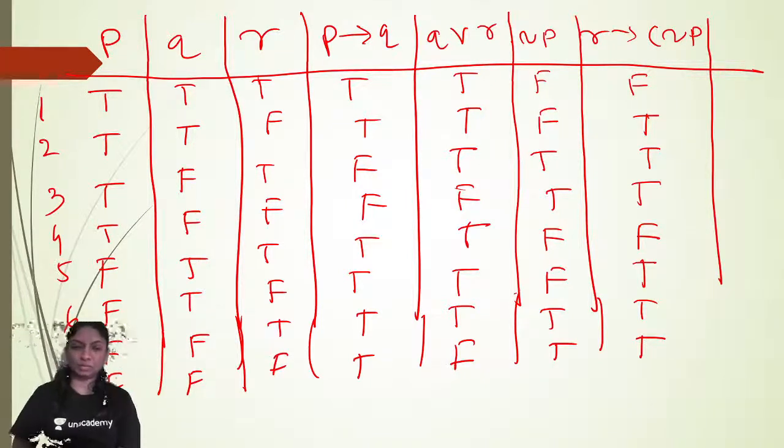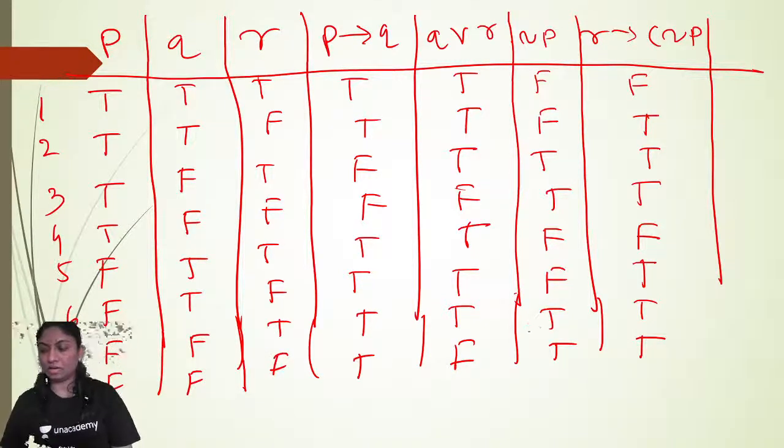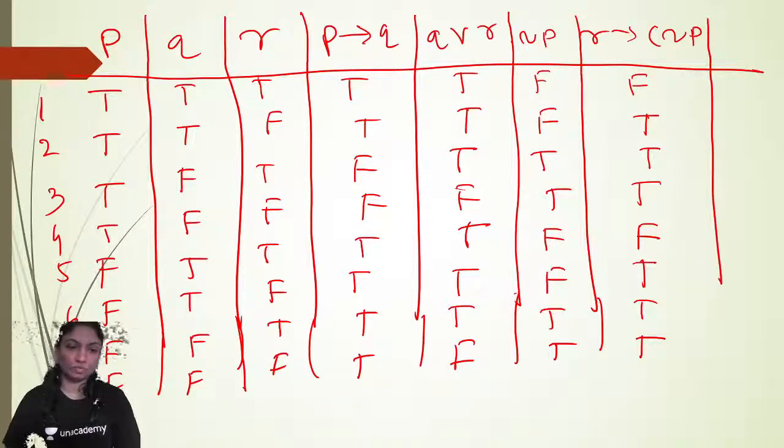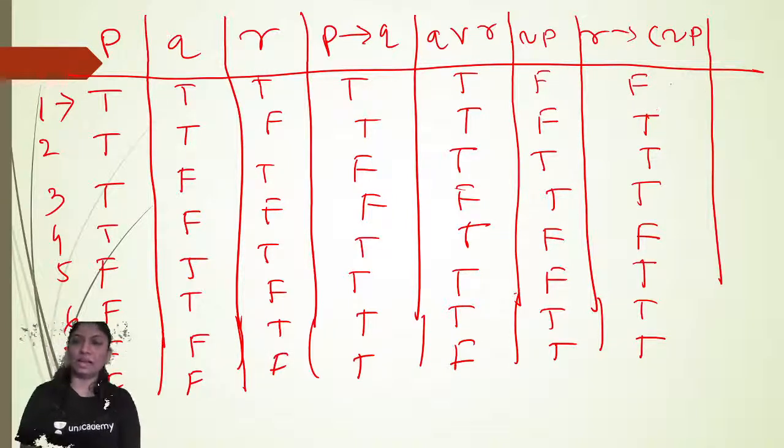In the 8th row, the premises are false, but the conclusion is true. In the first row, all the premises are true, but the conclusion is false, which is not valid.